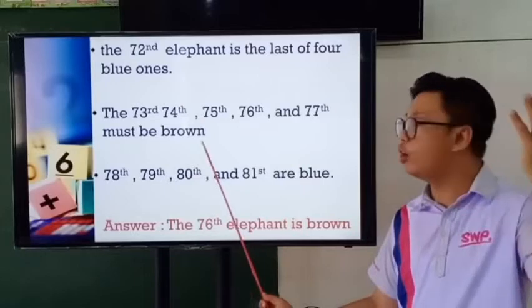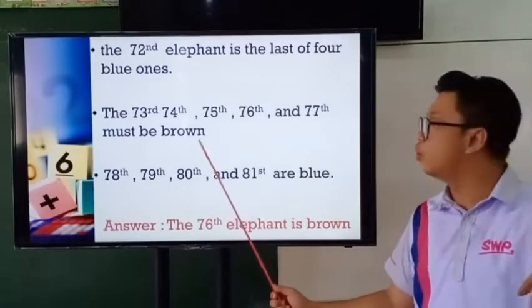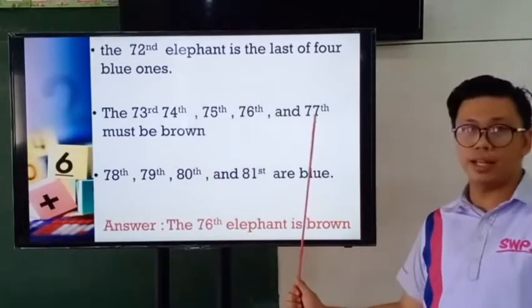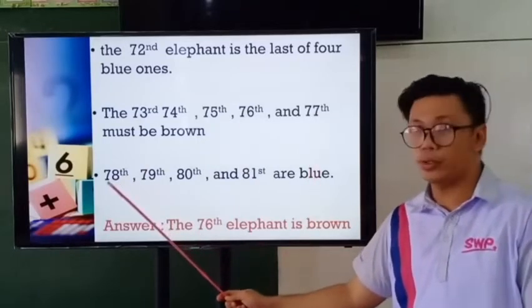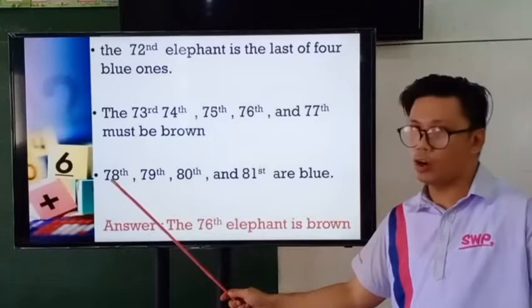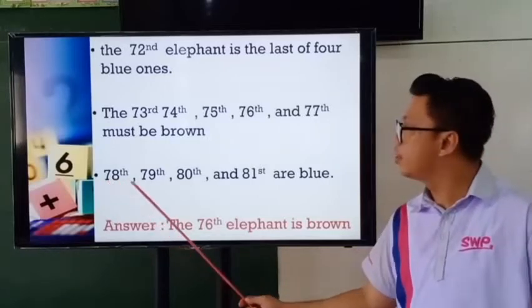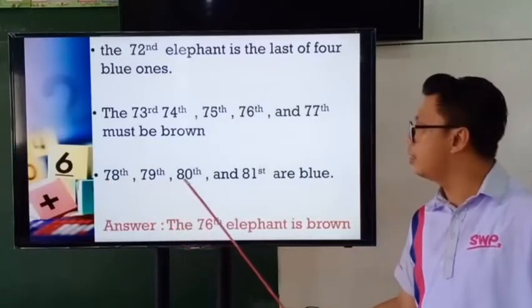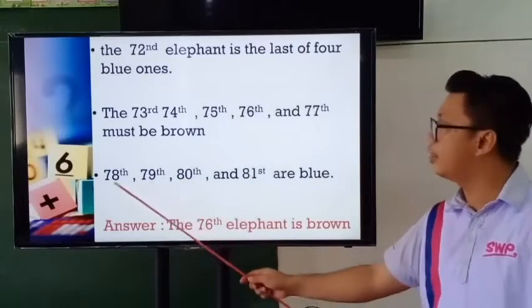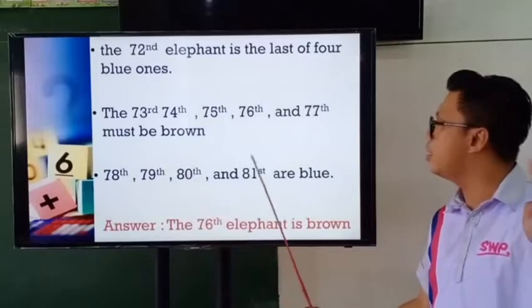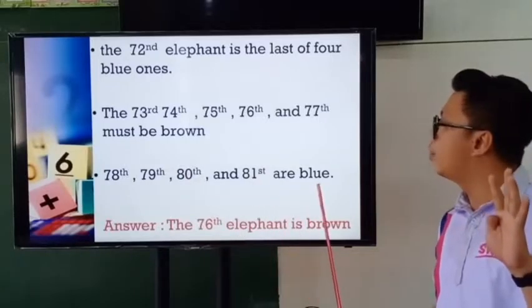So the next color is blue. We end at 77, so we will start with 78. So 4 numbers: 78, 79, 80, and 81 are blue.